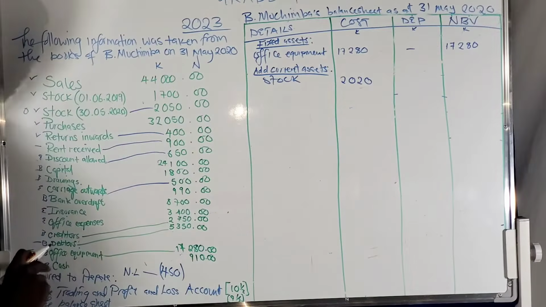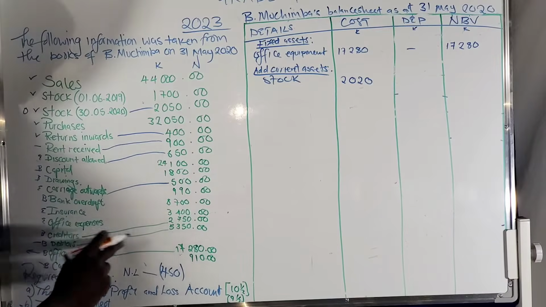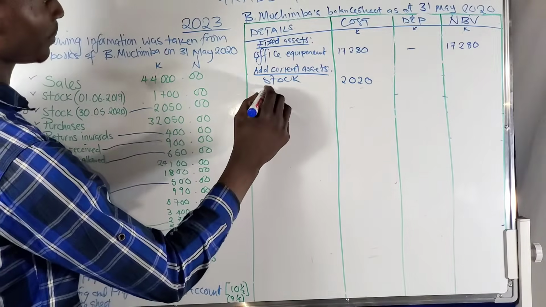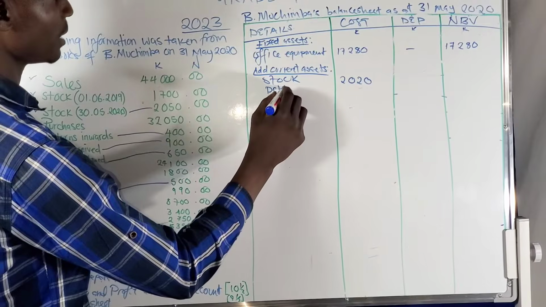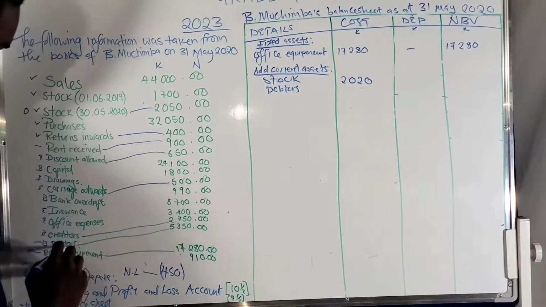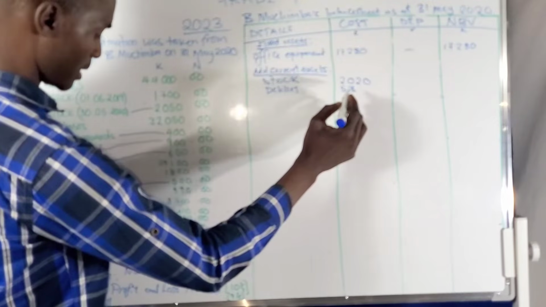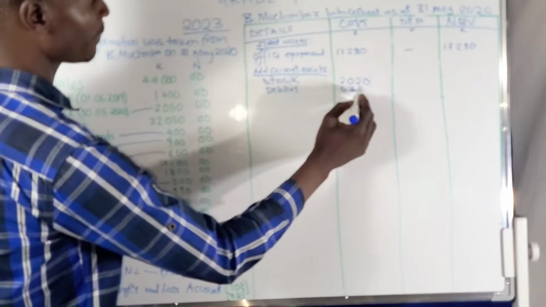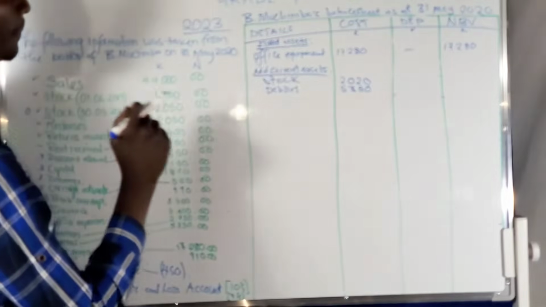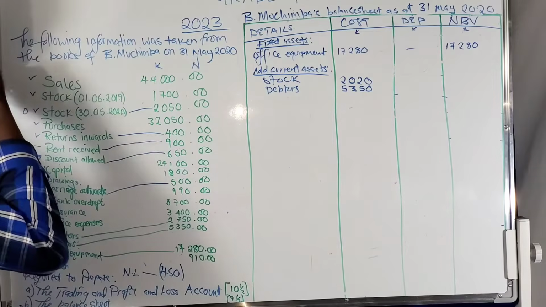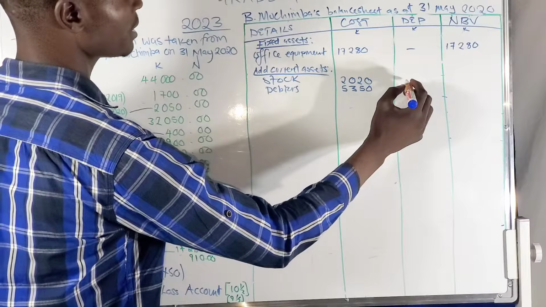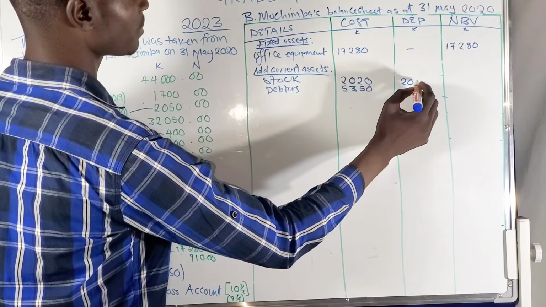Then we go to debtors. Debtors is 5,350. Let's put these in the second column, this column.